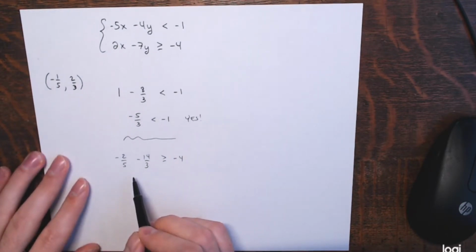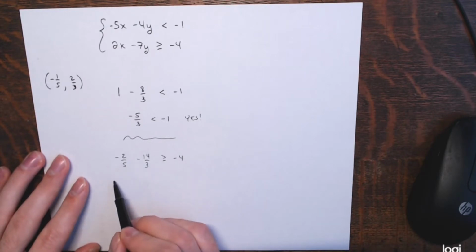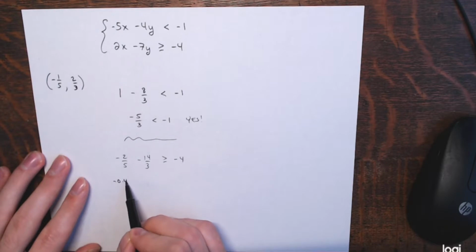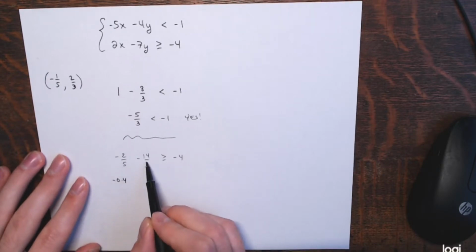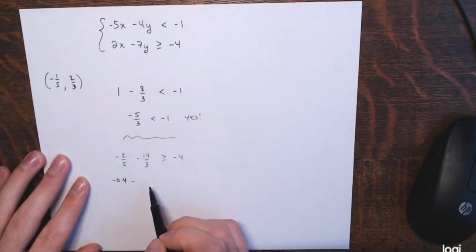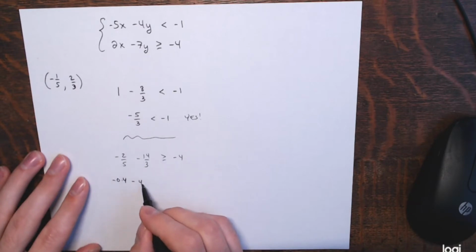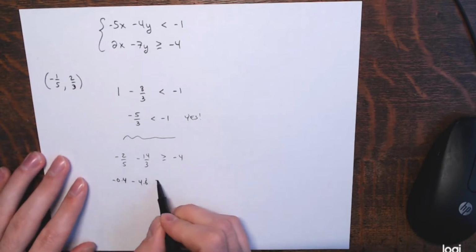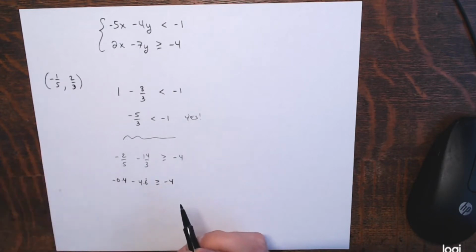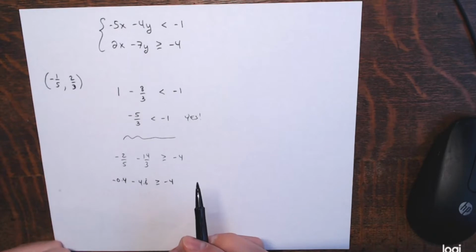Well, actually, if I do decimals, this would be negative 0.4, and this would be minus 4 and 2/3, 4.6 repeating. Is that greater than negative 4? No. No, it wouldn't be. This would be even further.